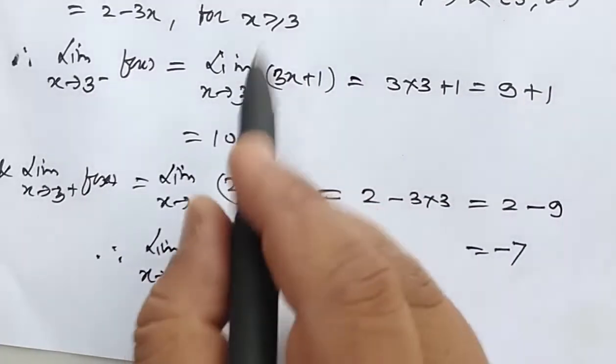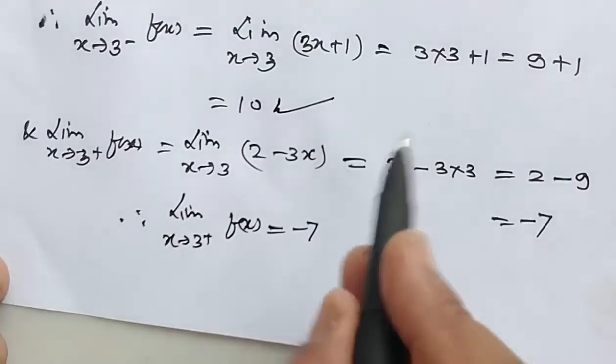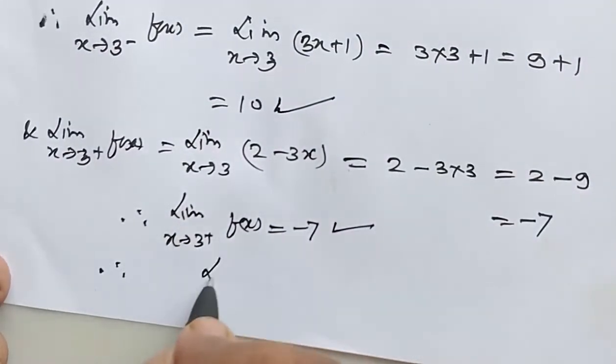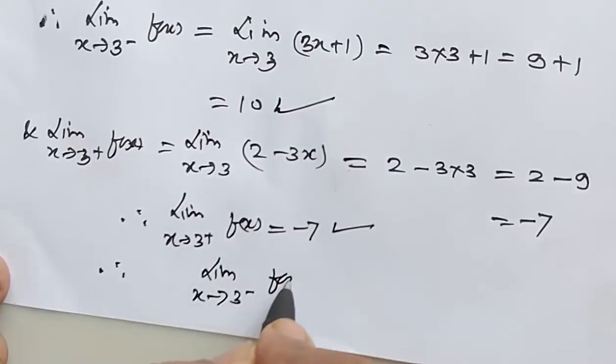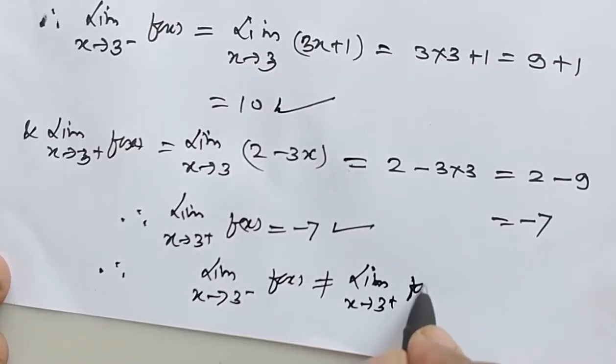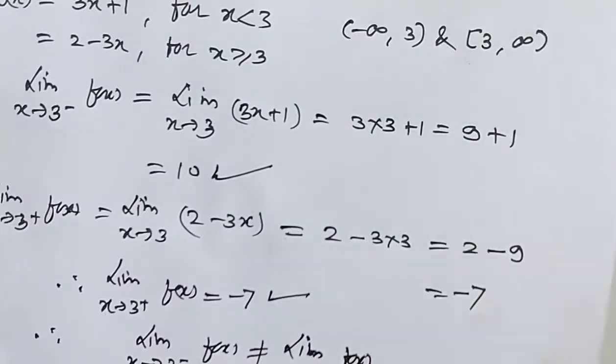Now we observe that the left hand limit is 10 and right hand limit is minus 7. Therefore, left hand limit x is tending to 3 minus f of x is not equal to limit from right. Therefore, limit does not exist.